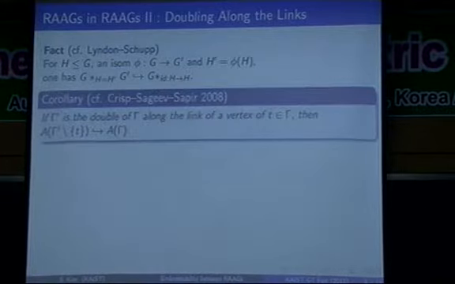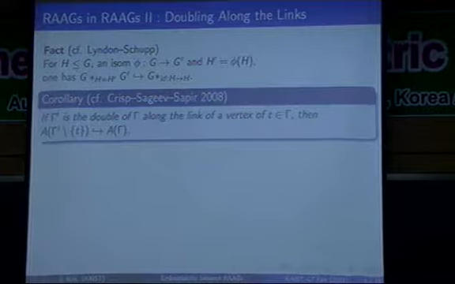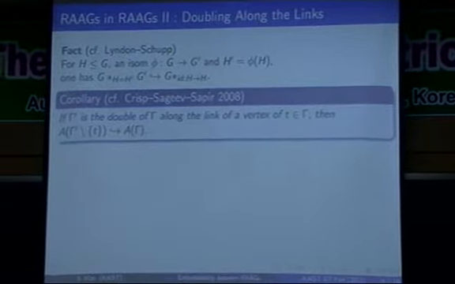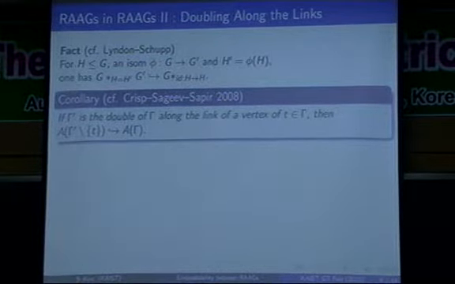So using this, Chris previously observed that, given a graph gamma, if you consider the double of the given graph gamma along the link of a vertex, I will explain what that means, then there's an embedding from the new graph into the old graph.